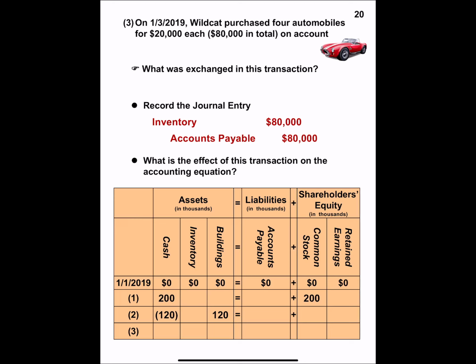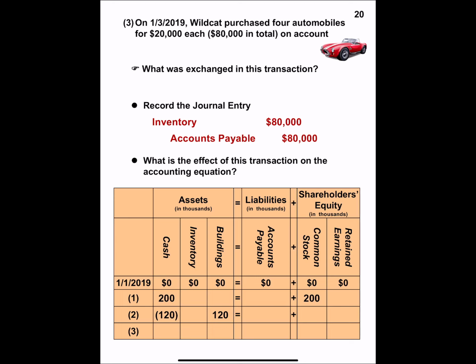Okay. So when we owe our vendor, when we buy something from them and we don't pay cash, it creates this liability that we refer to as an accounts payable. And again, recall accounts payable is on the right side of the accounting equation. It's part of liabilities. How do we increase a liability account? We increase something on the right-hand side of the equation by credit entries.